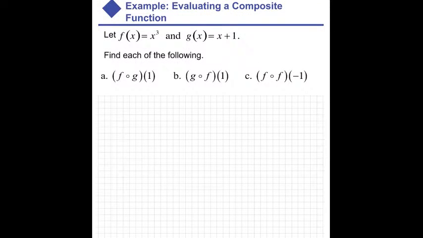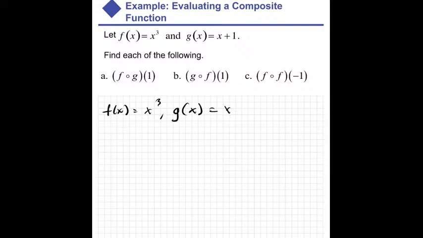So we have f of x is this, g of x is this, and we're asked to find these composite functions. We have f of x is x cubed, g of x is x plus 1.